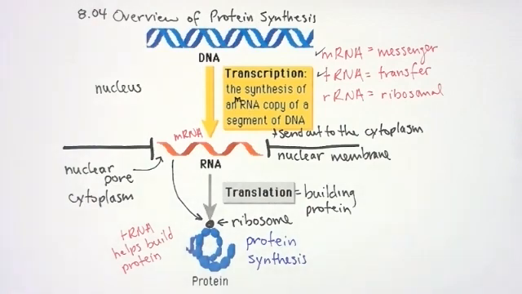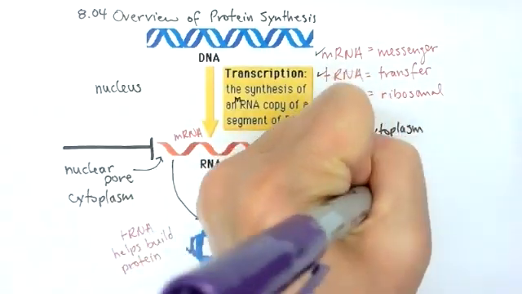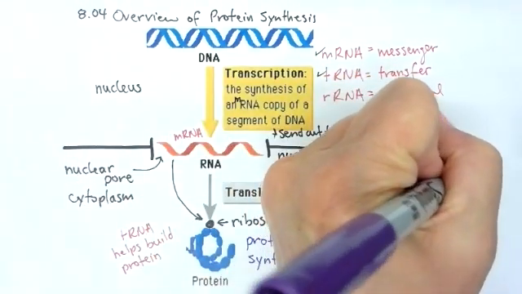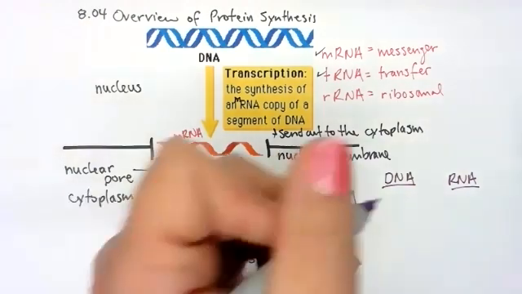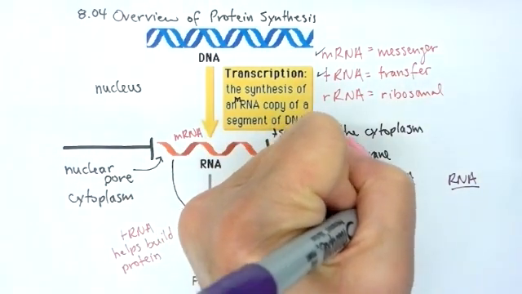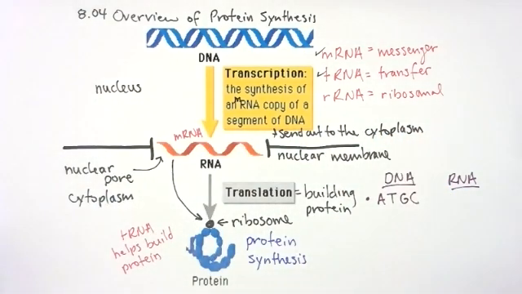But before we go there, we have talked about the differences between RNA and DNA before. So let's see how much you remember. Let's do a little table here, DNA, and we'll do RNA. So pause the video and see how many differences you can remember. Okay, did you say that DNA has adenine, thymine, guanine, and cytosine?